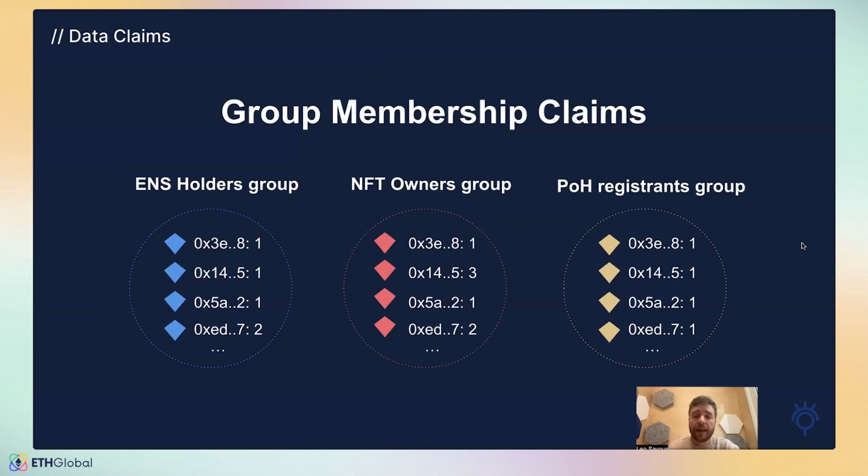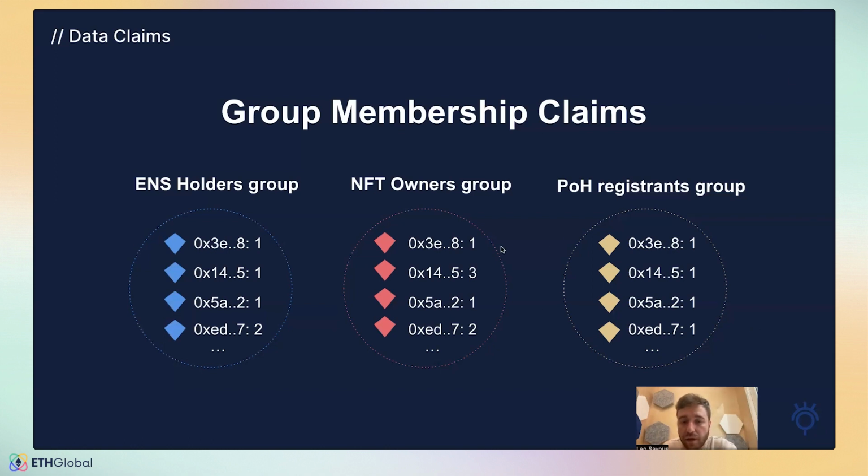So if you want to add a new type of data claim inside Sismo Connect, you will have to create the group of all the users that share the same characteristic. For instance, here we can see the ENS holders group, a particular NFT owners group, or a Proof of Humanity registrants group.